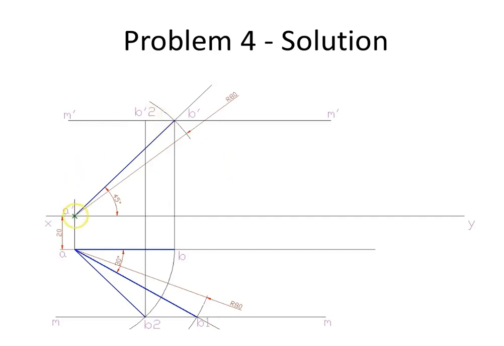Again we project B2 back to the top locus and find B2 dash.